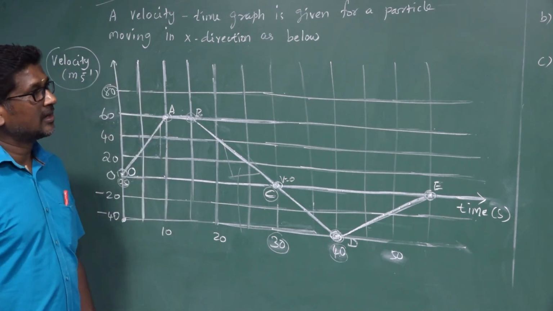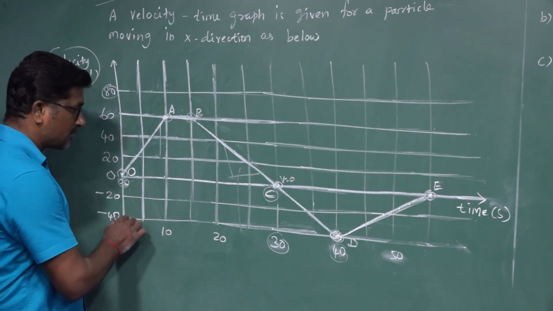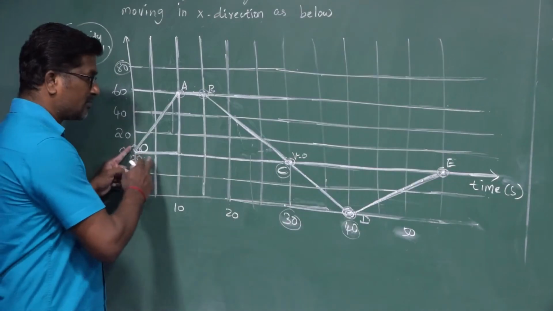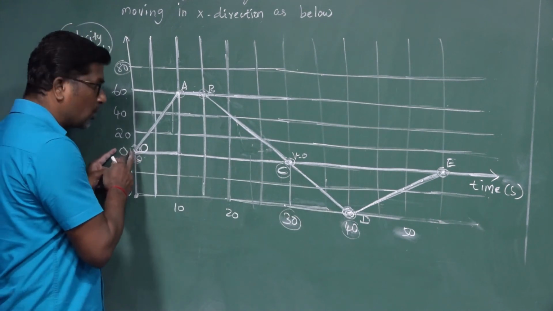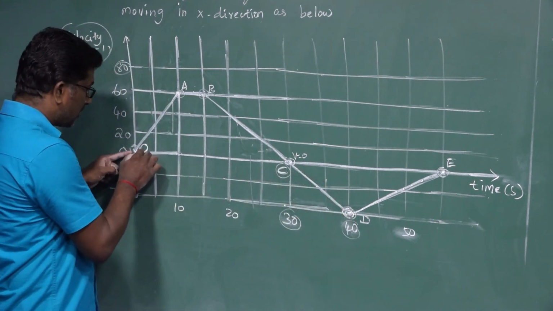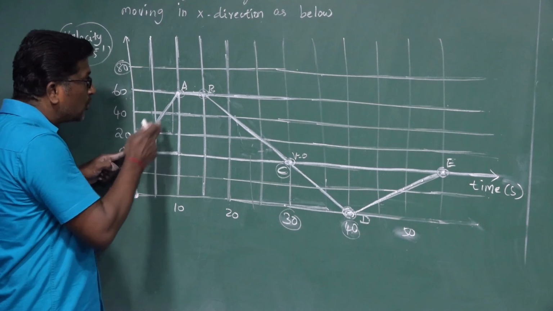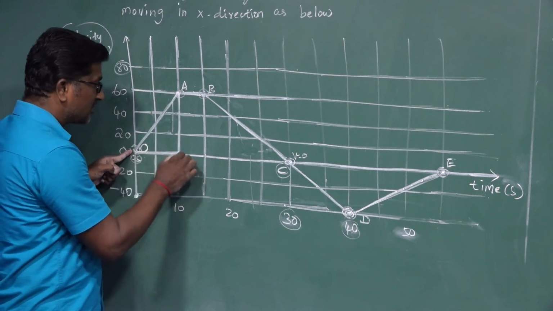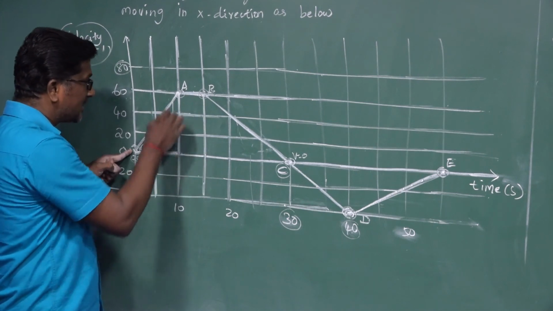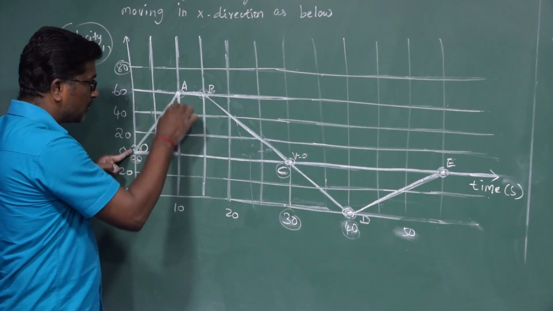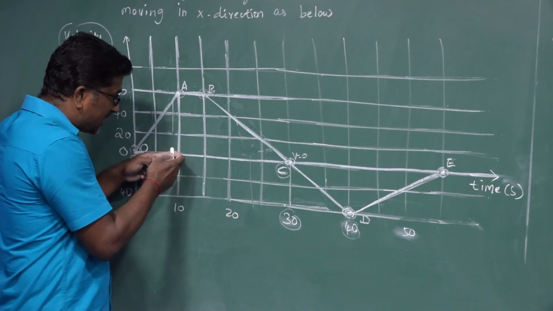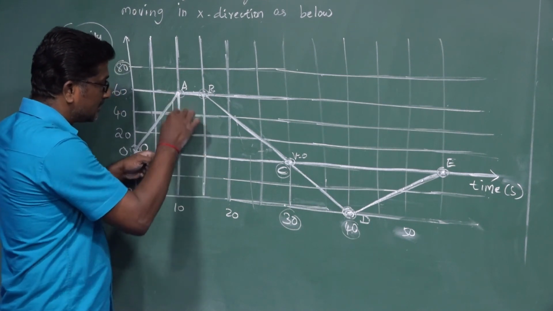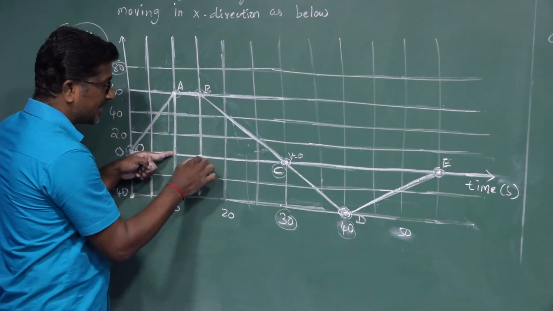So first, distance traveled by the particle from 0 seconds to 40 seconds, or from O to D. First from O to A, or from 0 seconds to 10 seconds, this curve is a triangle. From 10 seconds to 15 seconds, this curve is a rectangle.